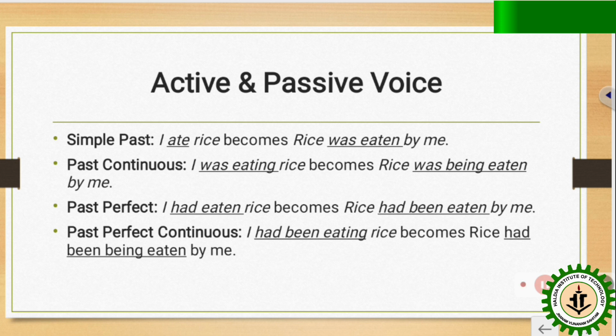Now that extra be verb here is being, and this extra be verb is sitting after the be verb that has made this sentence continuous. That is why this be verb that is sitting after the be verb that makes the sentence continuous has been converted into being in order to show the continuity of the action.